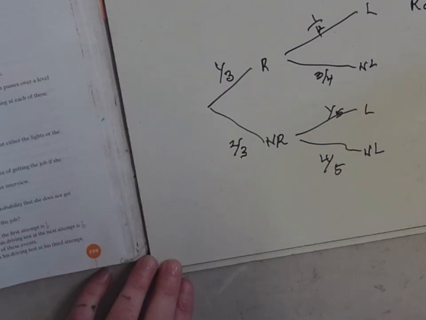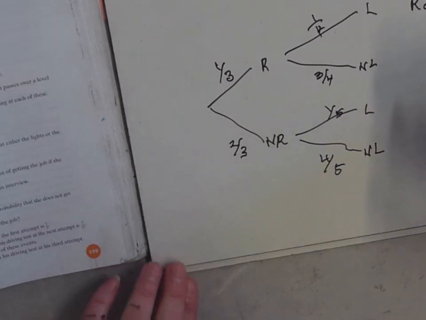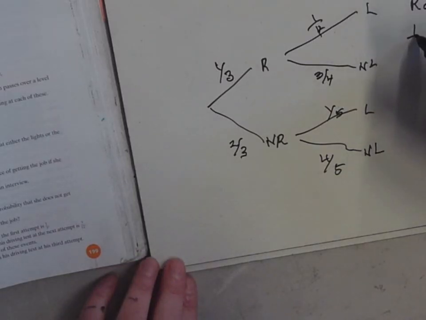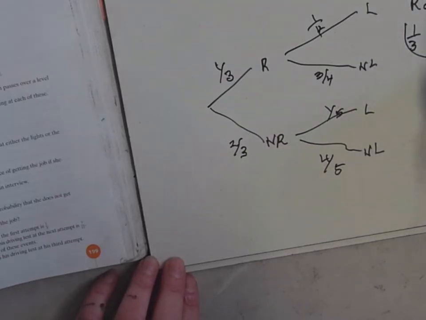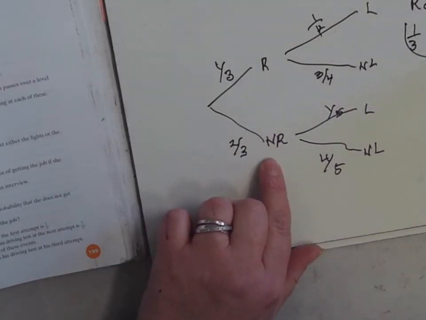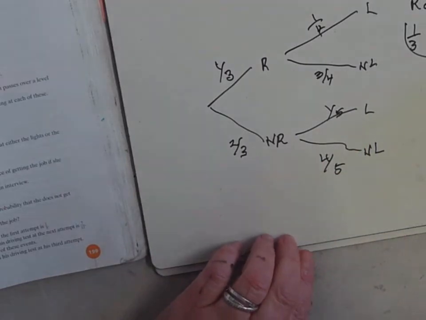Don't worry, Louise, I'll do it now. Right. So the rain is 1/3, and means you multiply, late is 1/4. Or means you add. Then the other way he's going to be late, if it's not raining, which is 2/3, and means you multiply, he's going to be late, which is 1/5.